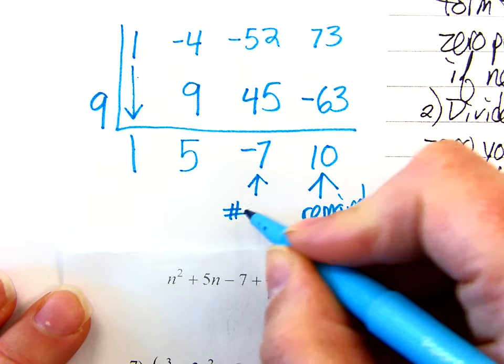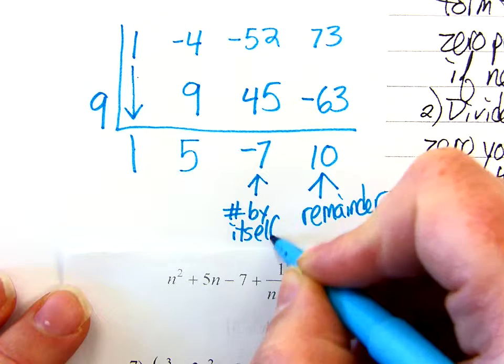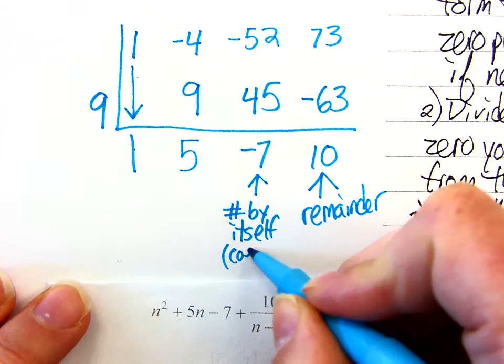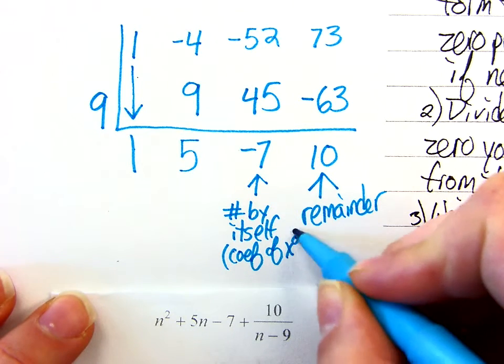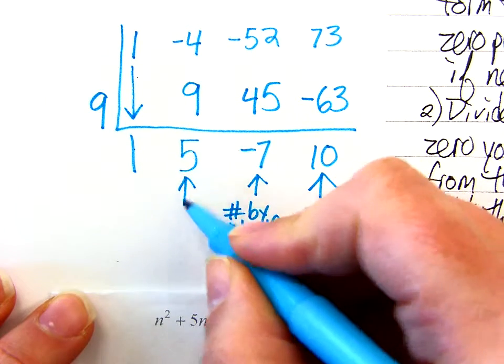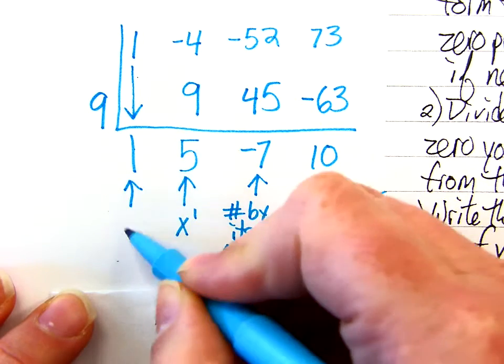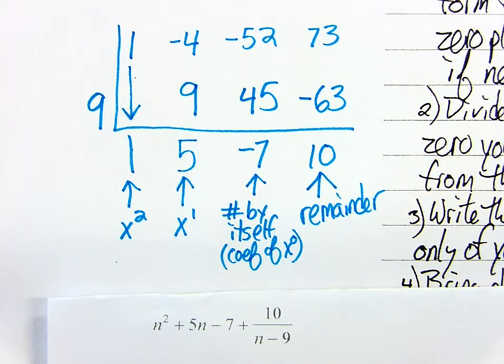So I'm just going to write number by itself. But hopefully we do understand that it's just the coefficient of the x to the 0 power. Then this guy is just the coefficient of the x to the first. This guy is the coefficient of x squared, to the second. If I had more numbers, I would just keep going, right? If I had more numbers down here, it'd be x to the third, x to the fourth, and so on.